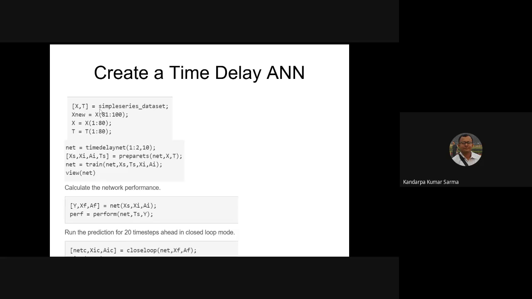Then we use the preparets function to condition the network, the patterns, and the target, as we have spoken about in our previous lectures. How data is conditioned to make the training more reliable, to make the training more robust.